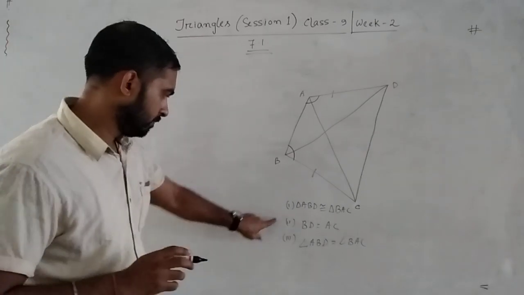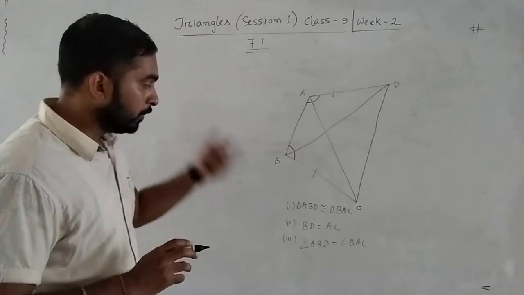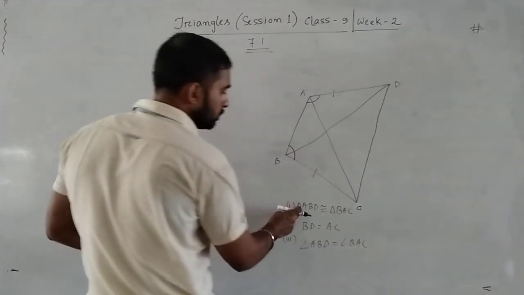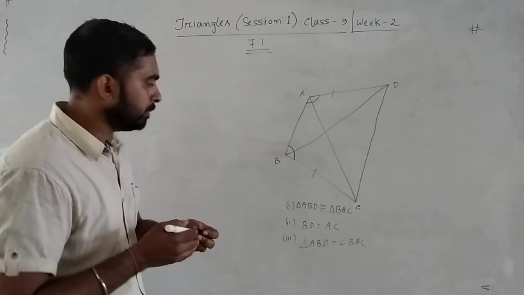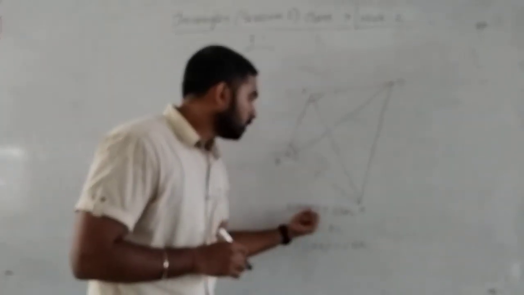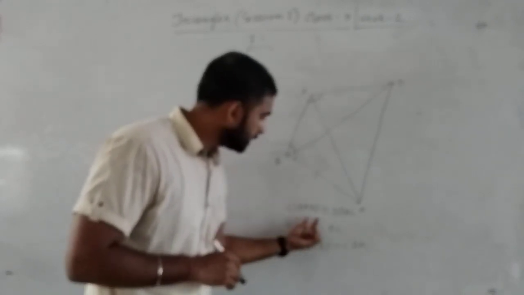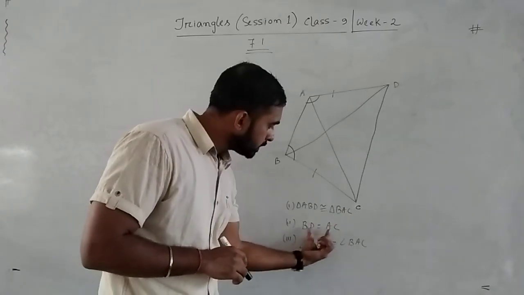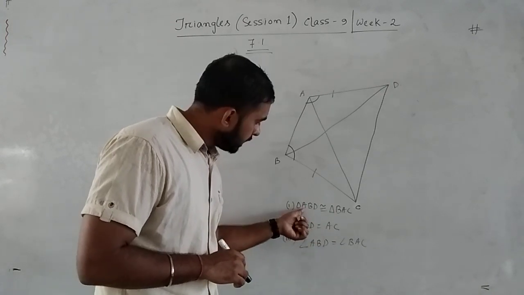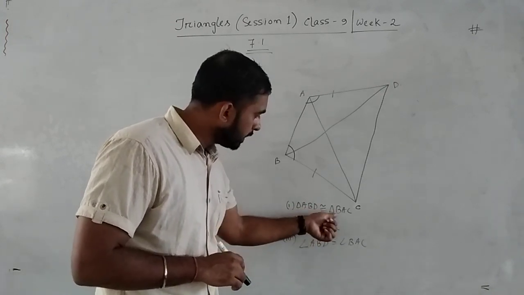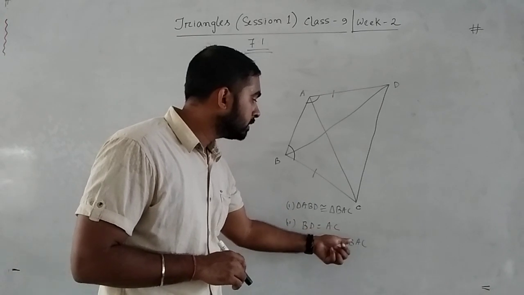These two are nothing. Just simply, if anyhow we can show that these two triangles are congruent, they are CPCT. If they are congruent, then we can say BD equal to AC or not? CPCT. Then angle ABD equal angle BAC, both are CPCT.